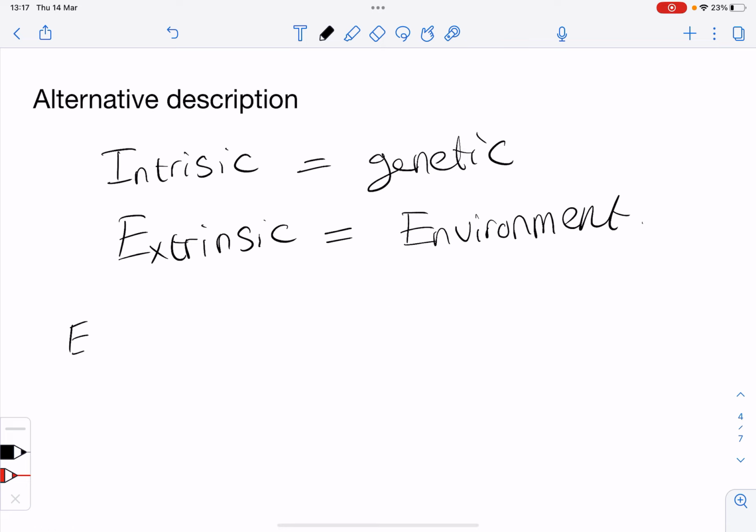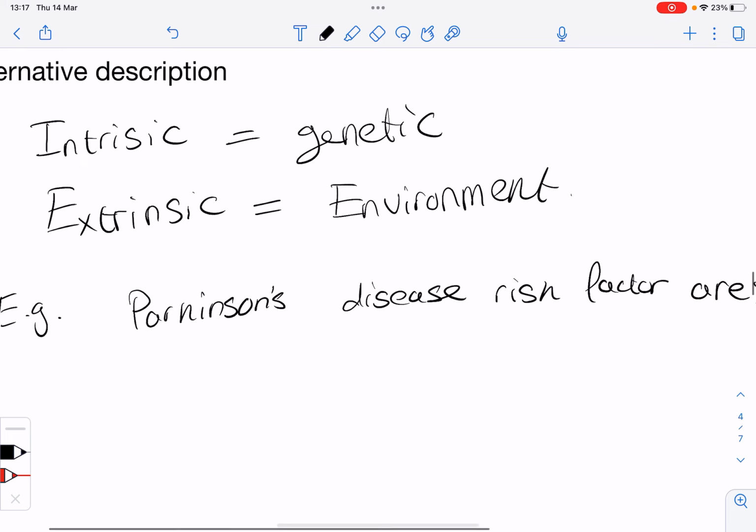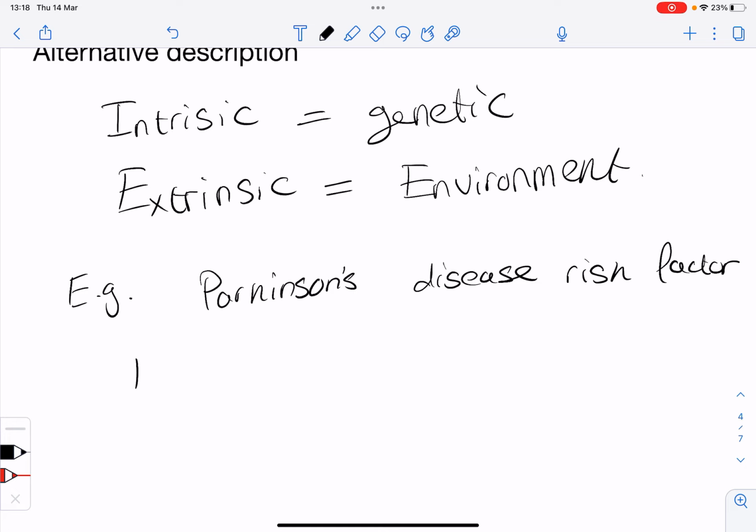So to give an example here, Parkinson's disease risk factor. So we've got 1, because many old people tend to have Parkinson's, so age could be 1. 2, well, is genetics.